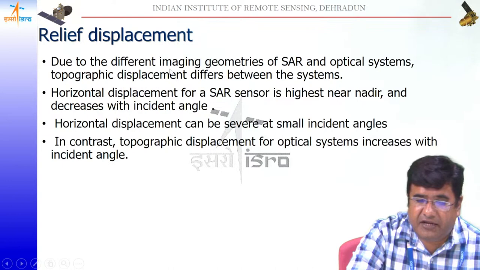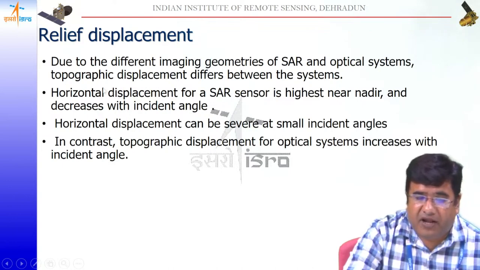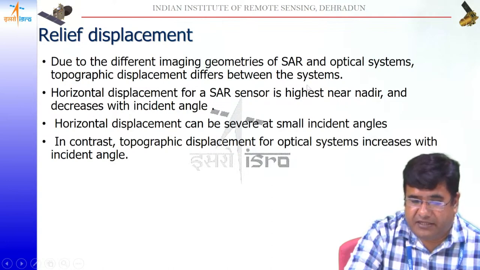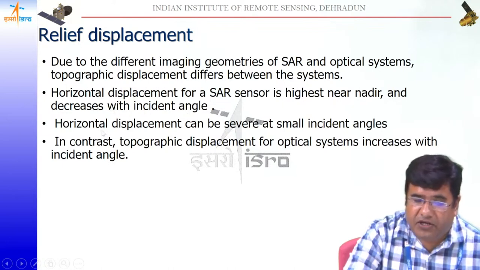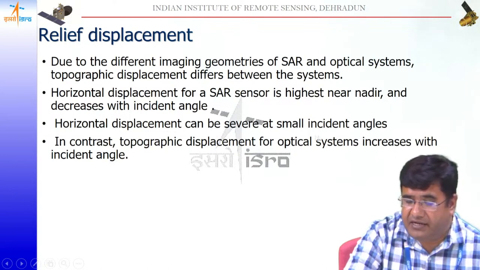Due to the different imaging geometries of SAR and optical systems, topographic displacement differs between the systems. Horizontal displacement of the SAR sensor is highest near nadir and decreases with the incident angle. Horizontal displacement can be severe at small incidence angles.